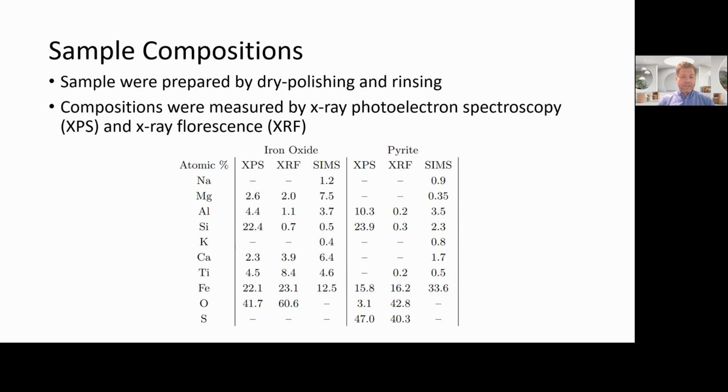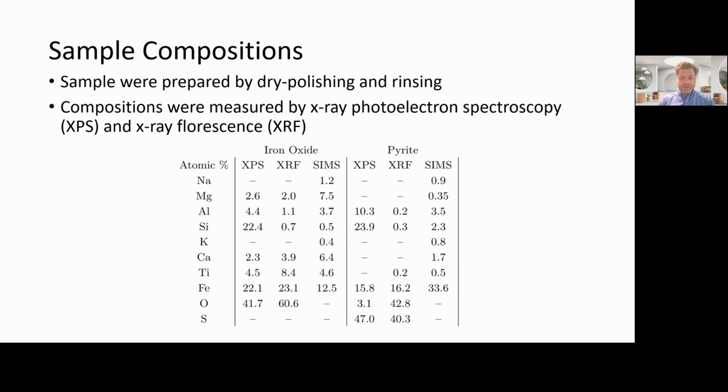We can see from the table of the compositions here for the iron oxide and the pyrite that we don't have pure samples, and instead the iron oxide was composed of predominantly Fe2O3, but there were also some ilmenite inclusions, Ti2O3, as well as some calcium and aluminum inclusions in there.